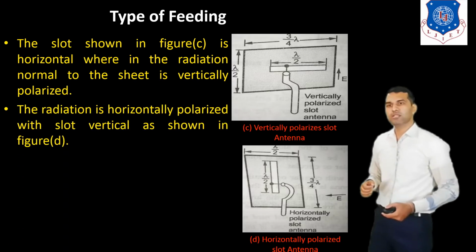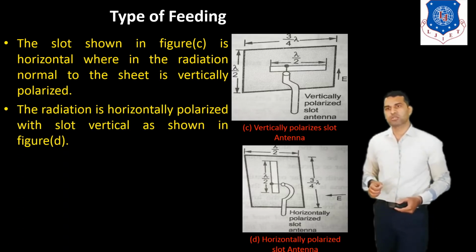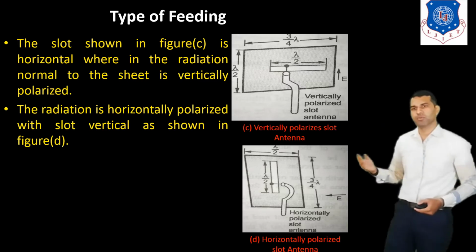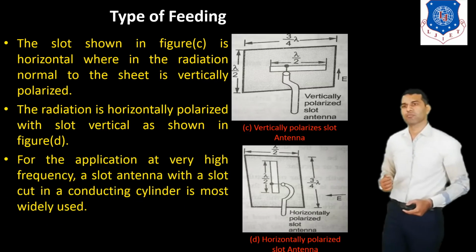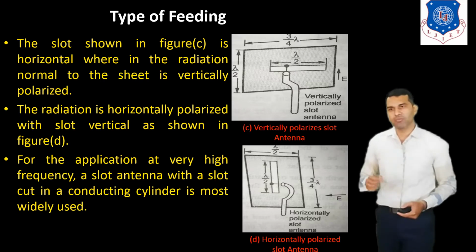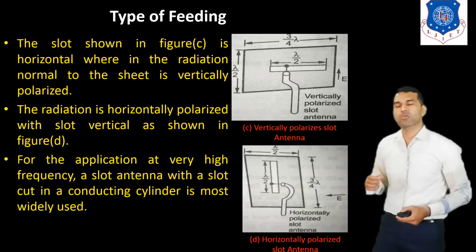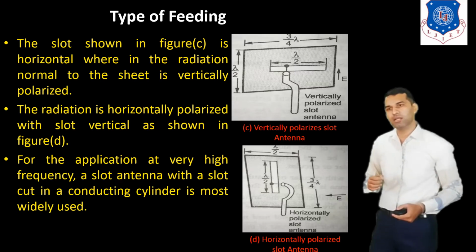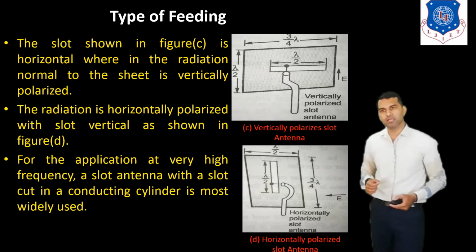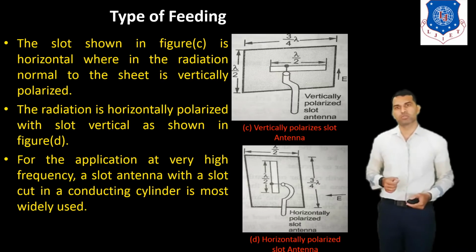The radiation is horizontally polarized with the slot vertical as shown in figure D. For applications at very high frequency, a slot antenna with a slot cut in a conducting cylinder is most widely used.